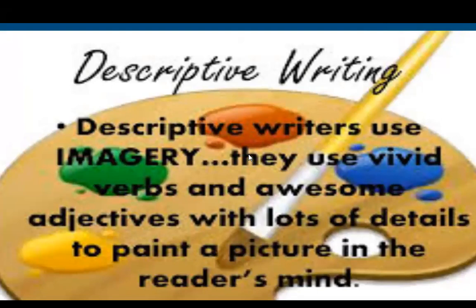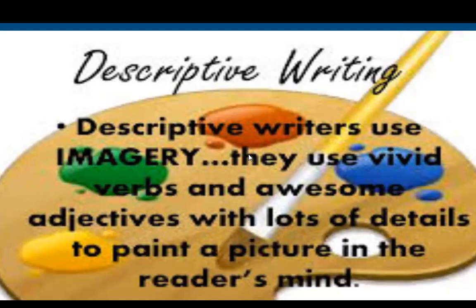Now, description can be as simple as basic facts. But when we need to describe things with their true color, their true picture, and with all their features, we need to use good images.